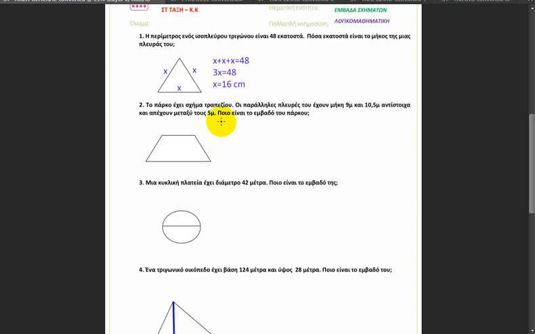The area is going to be 9 plus 10.5. Okay, let's actually write it.